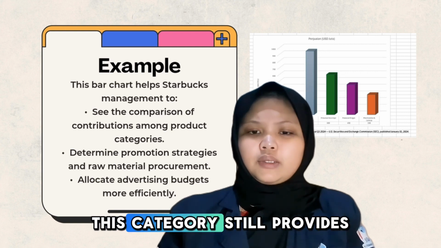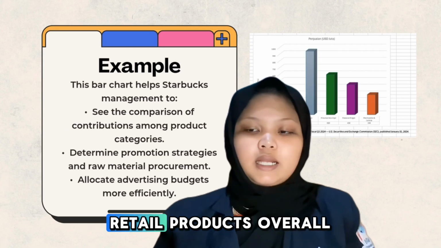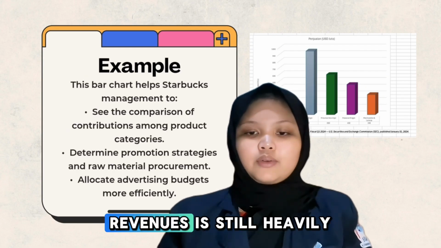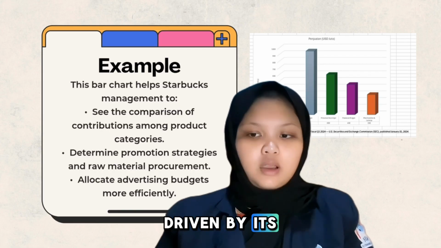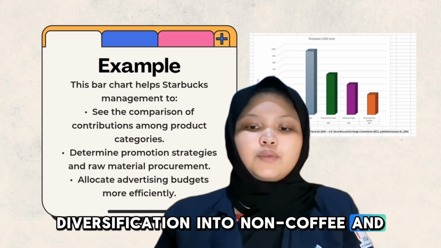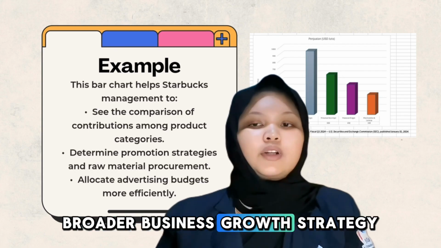Yet this category still provides opportunities for brand engagement through retail products. Overall, the chart highlights how Starbucks' revenue is still heavily driven by its coffee-based products, while diversification into non-coffee and retail items continues to develop as part of its broader business growth strategy.